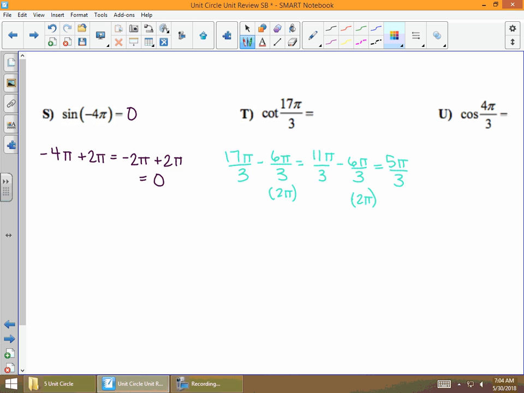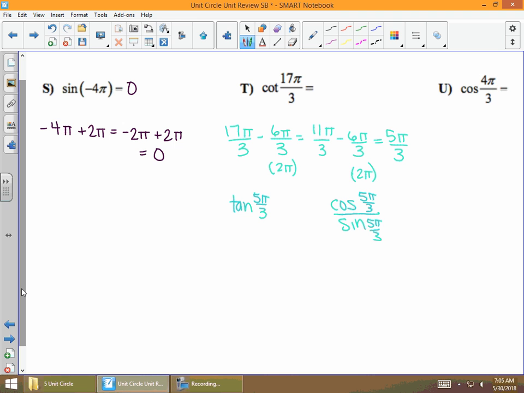So I have tangent memorized, so I'll show you two different ways. I'll show you working with tangent of 5 pi over 3, or since it's cotangent, cosine over sine. Tangent's going to be quicker. So here's how I work this, because I definitely don't have cotangent memorized quite as well as tangent.